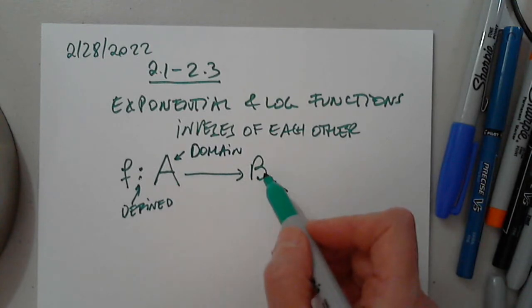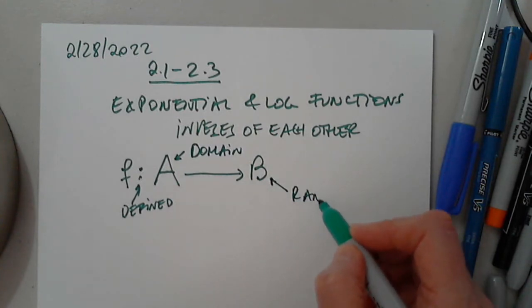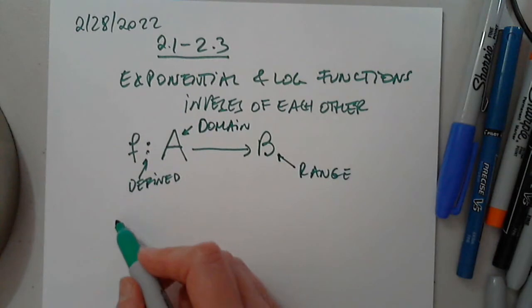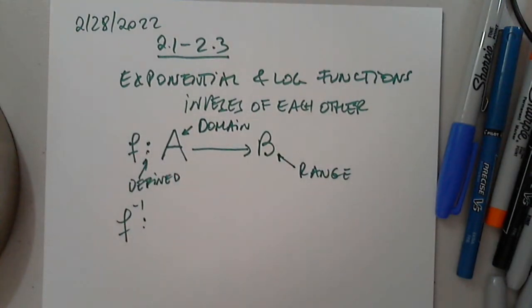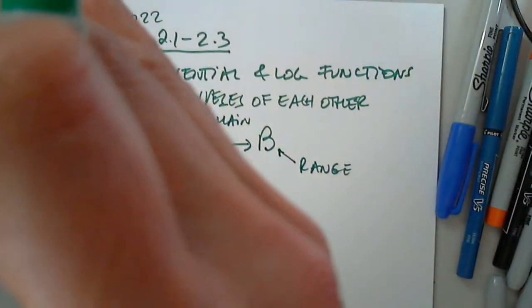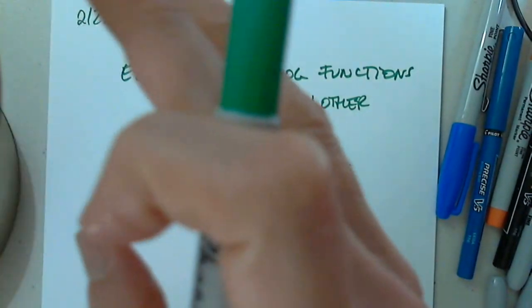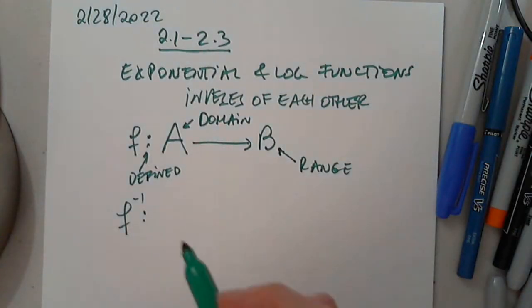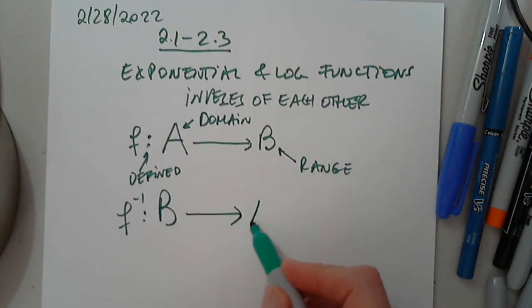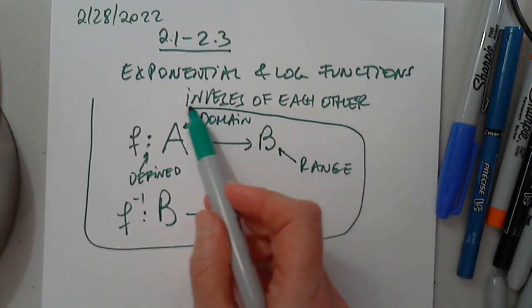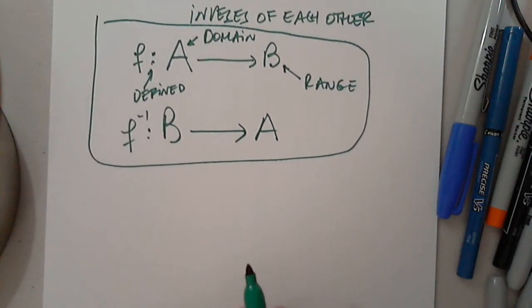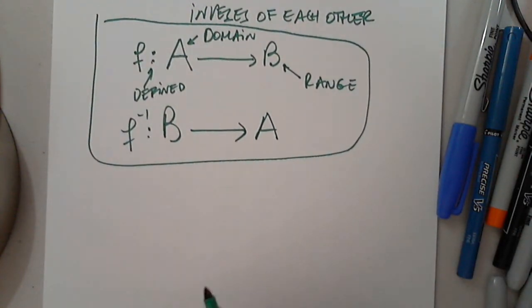So the x is here, y is here. Can anyone tell us where the inverse function is defined? Would it be B to A? Absolutely. Thank you very much. So this is the one concept about inverse functions.